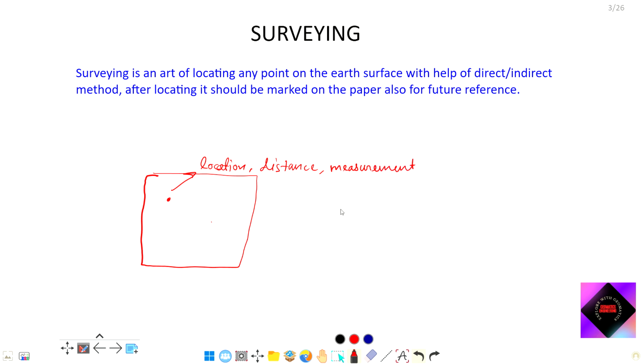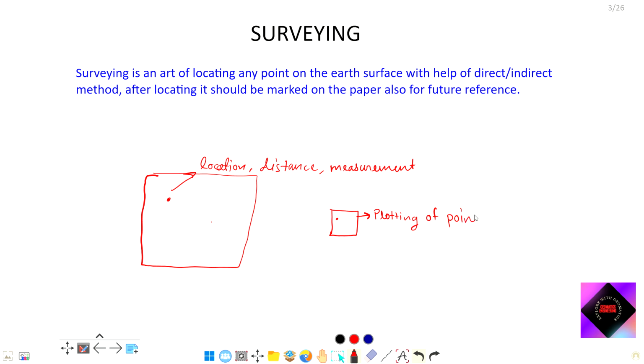After locating, we need to prepare a plan or map on paper, because we need to store those data for future reference. So we need to make a plan or map, and then plot this point on that map. This plotting of points is not dealing with only science, it is an art. Because of this plotting of points, surveying is considered an art.